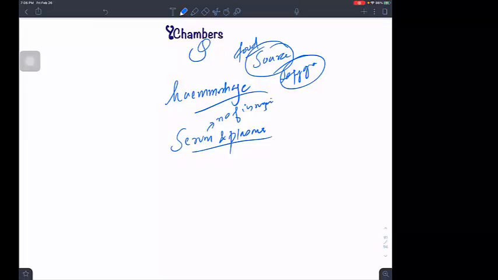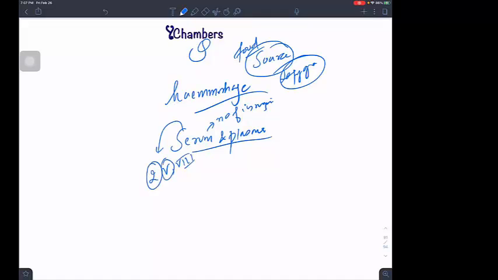Serum has absent which factors? Factor 2, factor 5, factor 8. And what else is special in serum? If it is S, then S should be serotonin. So serum has very much high serotonin.